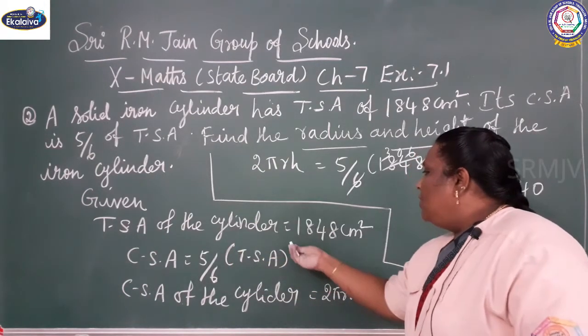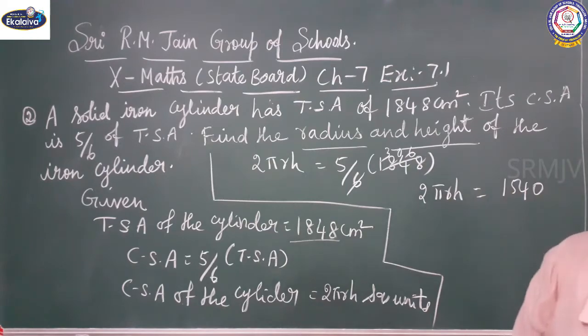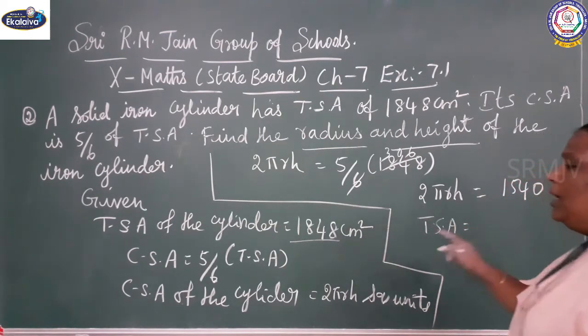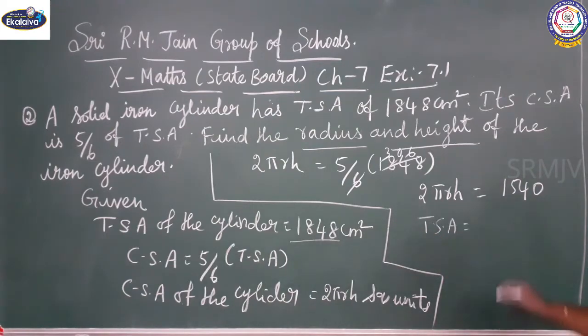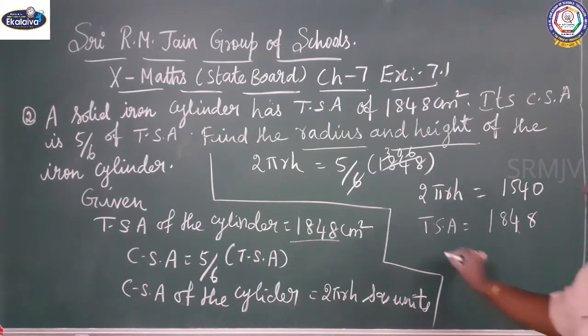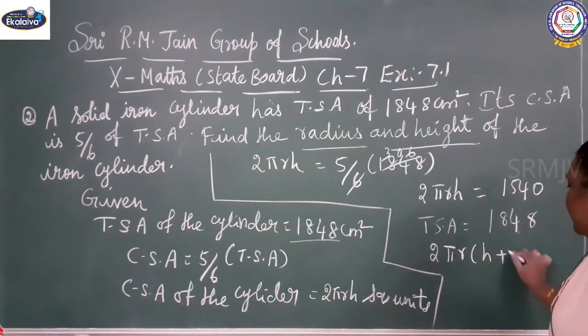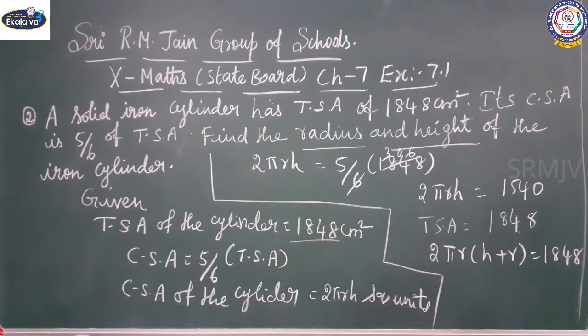Now we move on to the total surface area. Total surface area of the cylinder is 1848. What is the formula for total surface area of the cylinder? 2 pi R into H plus R equal to 1848.